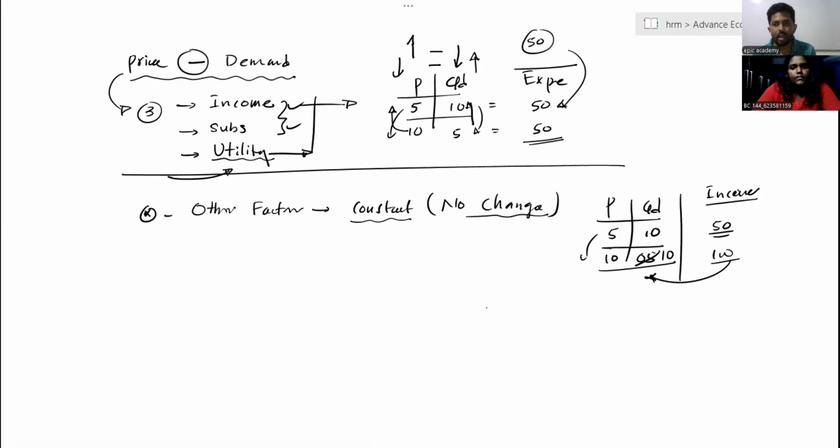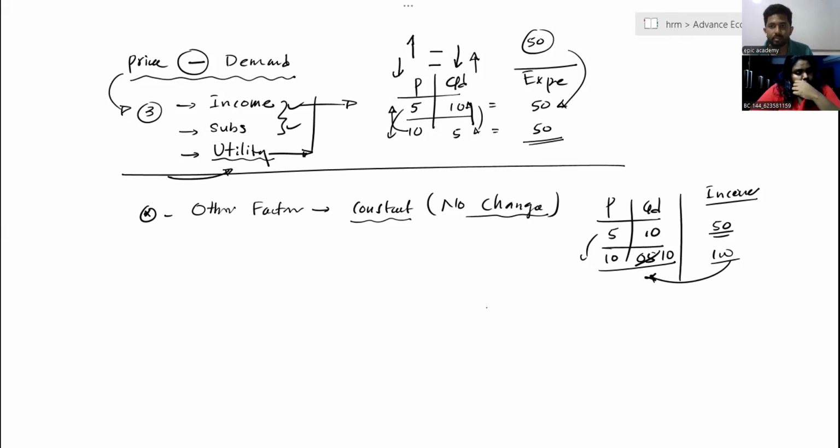So that is why, first of all, we identify other factors which affect the demand for any kind of market, for any kind of commodity. Those are constant, not going to change. Just consider if the choice of the consumer increases without changing the price, what will happen to the quantity demanded?